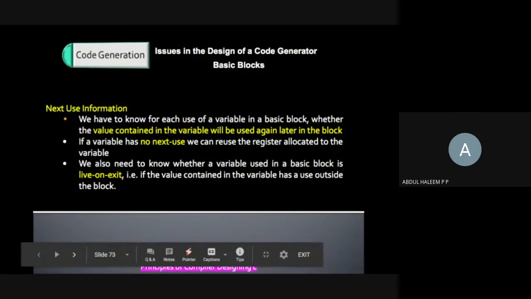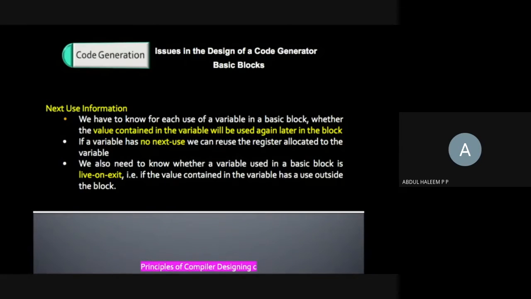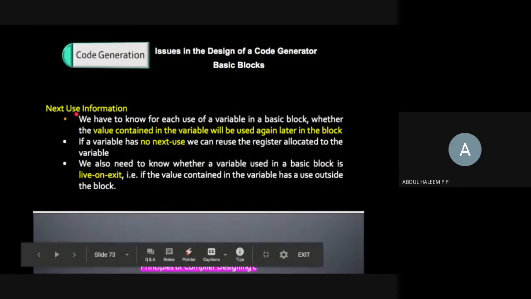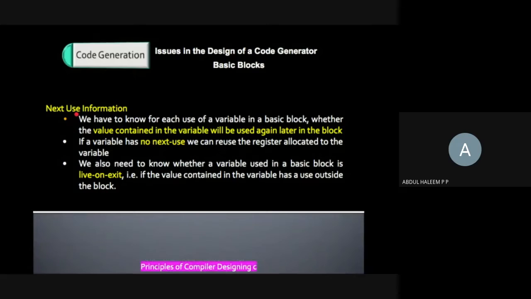Along with liveness of a variable, once it is done, we can determine the next use of that variable. Why are these two important? Because if a value in a variable is used repetitively in the subsequent blocks, then there is a next use for that variable.